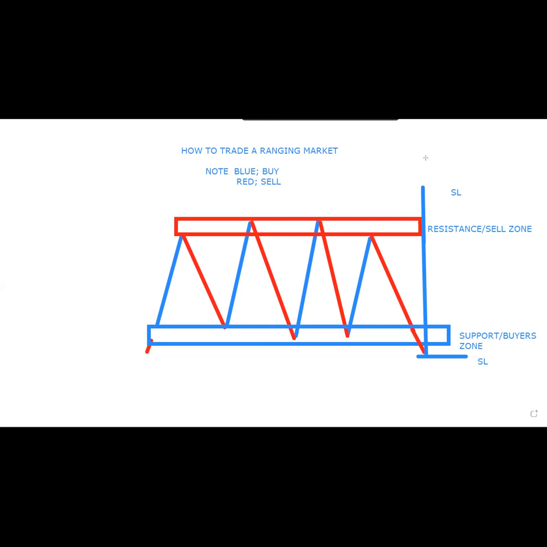Using this method to set your TP. What did I write? TP something method. What was that? No, the method is this second way of buying and selling. You know, our topic is how to trade a range. The first way of doing it was you buy within the support and sell within the resistance.